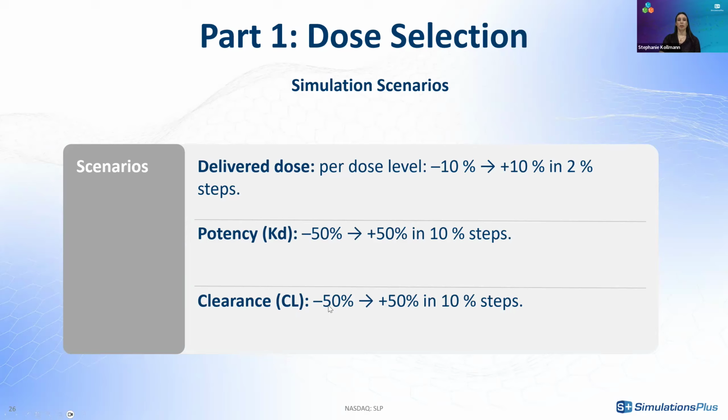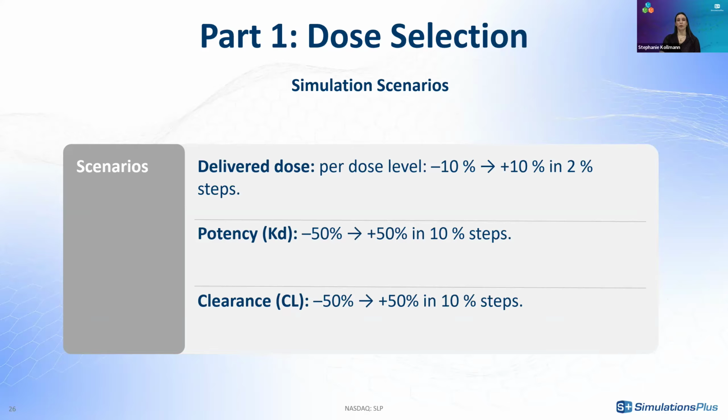Then we explored 2 additional parameters, potency, here along the KD parameter, and clearance. But these were also varied separately, not at the same time. So when we varied, for instance, KD, clearance and delivered dose stayed the same, and vice versa.